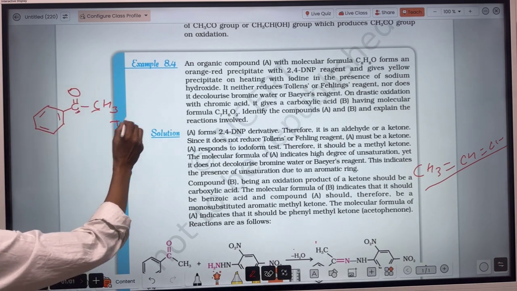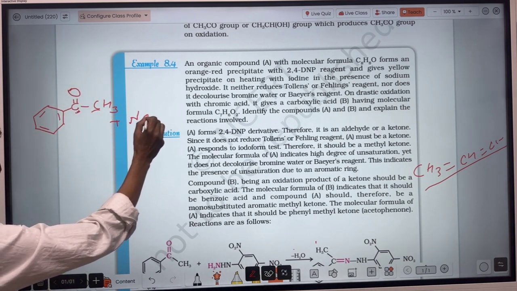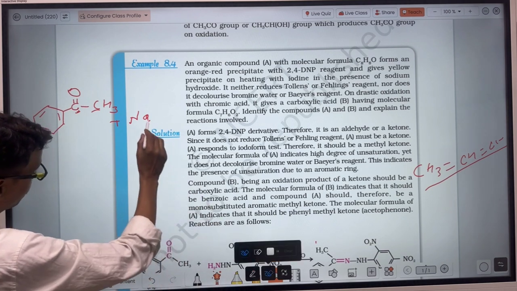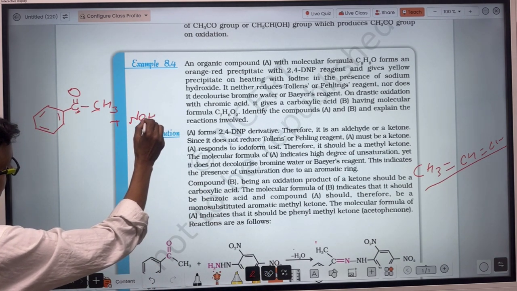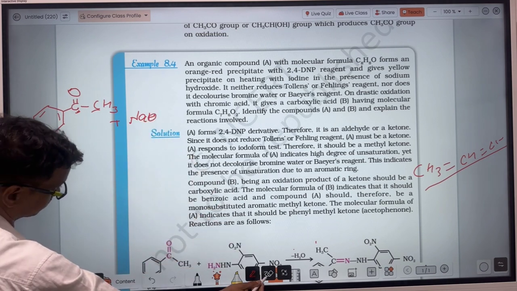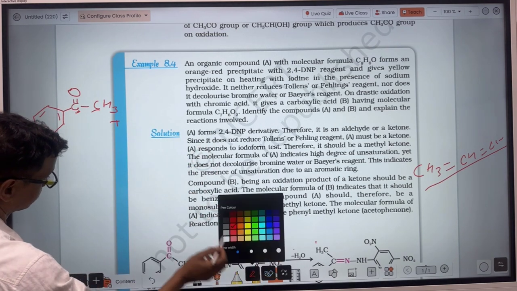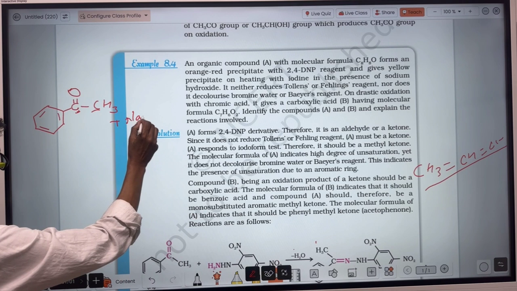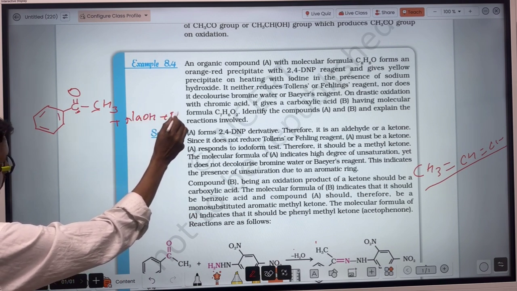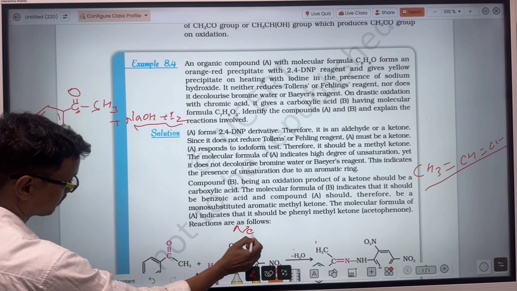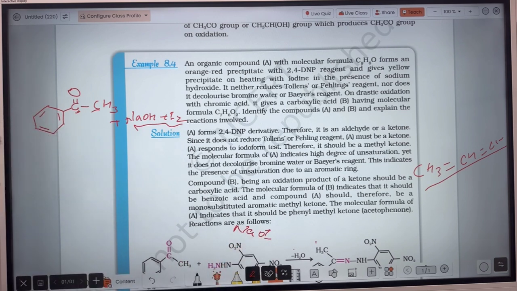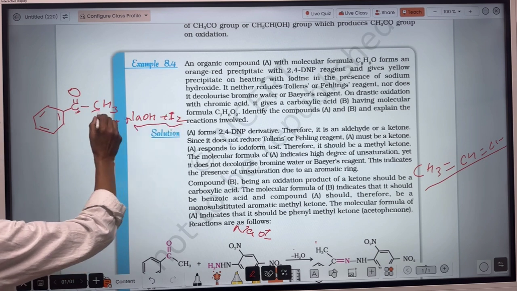This ketone then reacts with a mixture of NaOH and iodine. Either you write this one, or they combine to form NaOI, sodium hypoiodite. So this one is here. So what happened here?